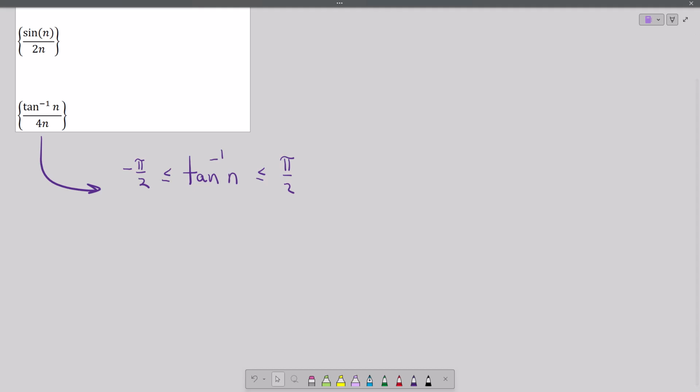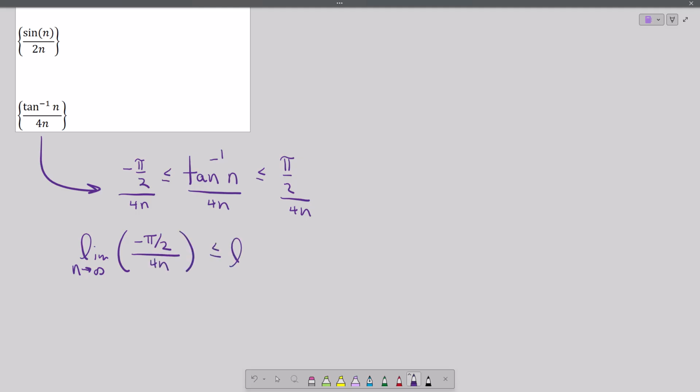Then we divide everything by 4n, so we create what we want in the middle. We start with our bounded function, then divide by whatever we need to get the expression in the middle. Now we take the limit as n goes to infinity of the left side, the middle, and the right side.